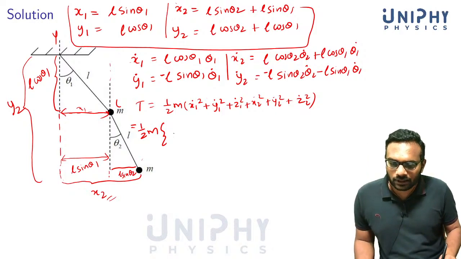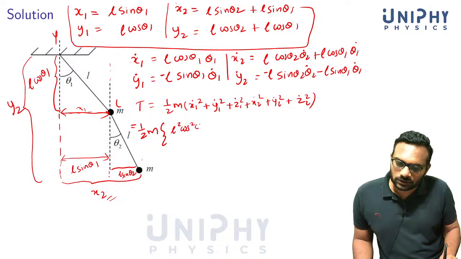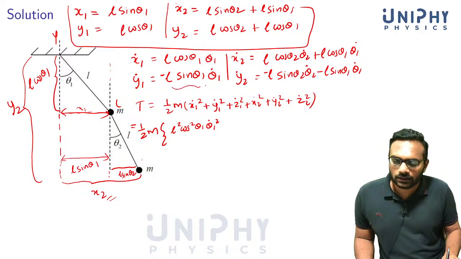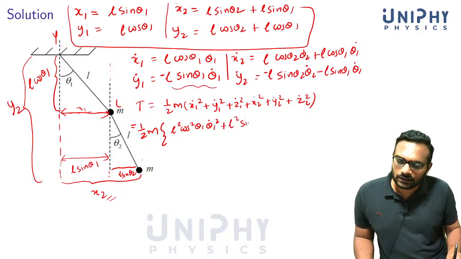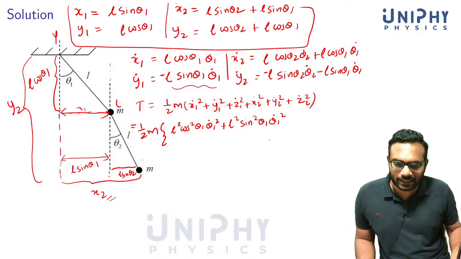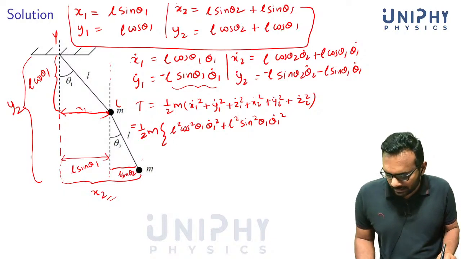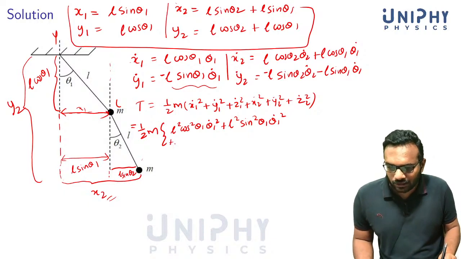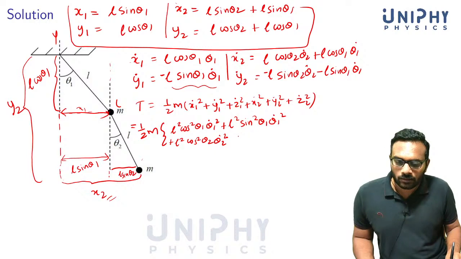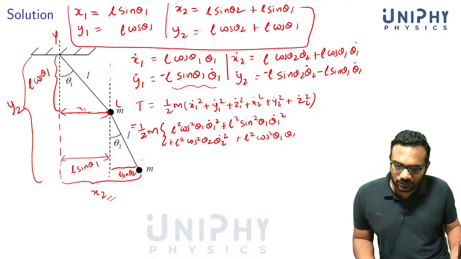So from here you will have L square cos square theta 1 dot square, okay. And from here, it is plus L square sin square theta 1 dot square, okay. And you just square these things and add, all right. I'll just write it down, okay. You can just square and add using the a plus b whole square formula, plus L square cos square theta 2 dot square plus L square cos square theta 1 dot square, all right.